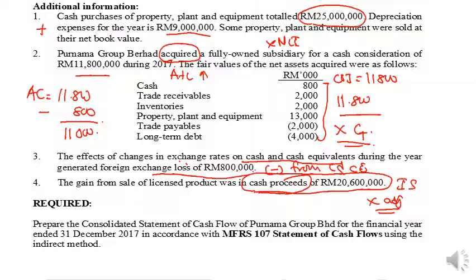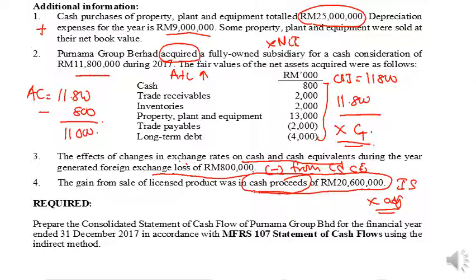If you compare, the amount that you paid is also 11,800, so there is no goodwill. But you need to find the aggregate cash: the 11,800 that you paid, minus the cash available in the new subsidiary, which is 800. So the aggregate cash is 11 million, which will be the purchase of the subsidiary.